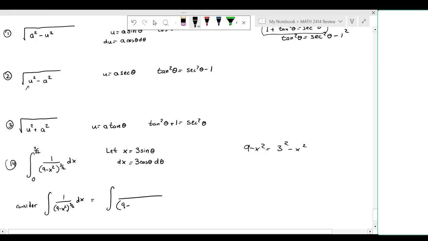x is 3 sine theta, so x squared becomes 9 sine squared theta. And then we also, of course, need to replace dx, so that becomes 3 cosine theta d theta.